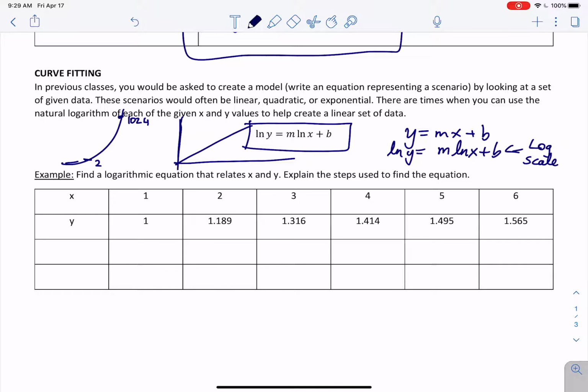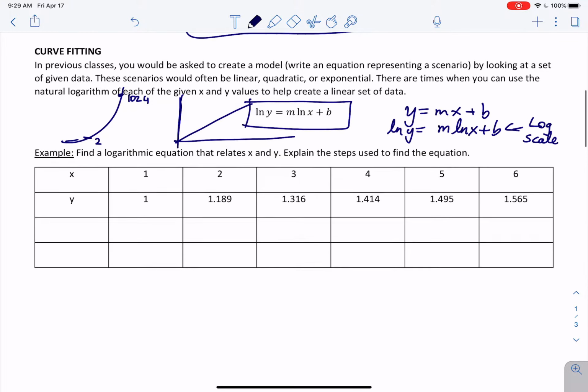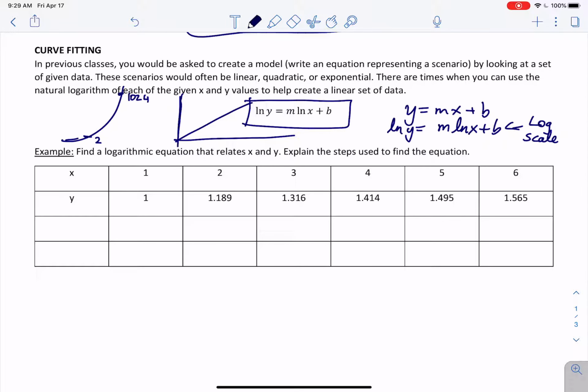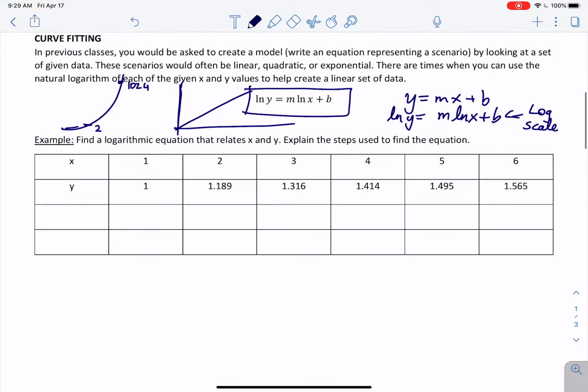So let's do an example of a problem like this. We have some data given to us, and we want to find a logarithmic equation that relates x and y. Looking at just x and y by itself, if I want to find a slope here, this is plus 0.189.